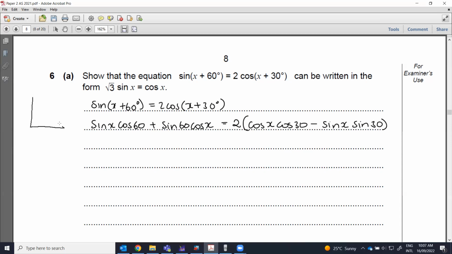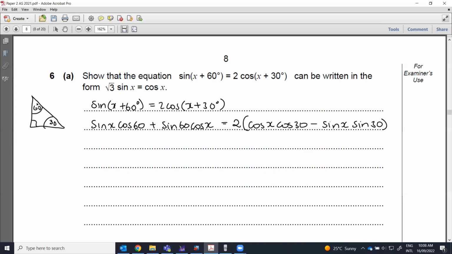If you remember, we have a special triangle to work out their sine, cos, and tan. So I put 30 there, I put 60 there. Okay, so this is 30. This is a 60.